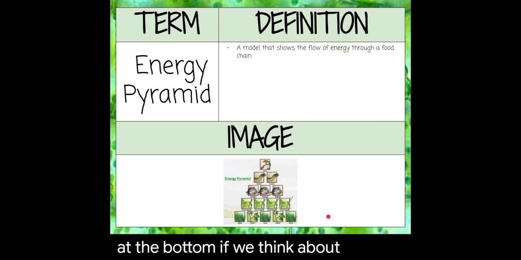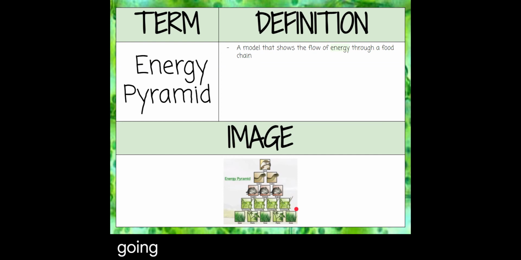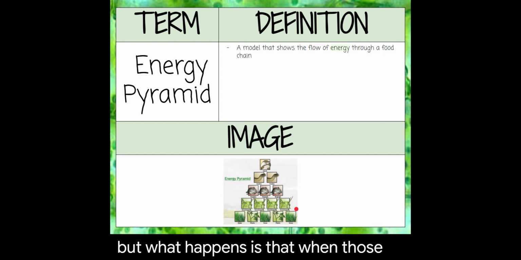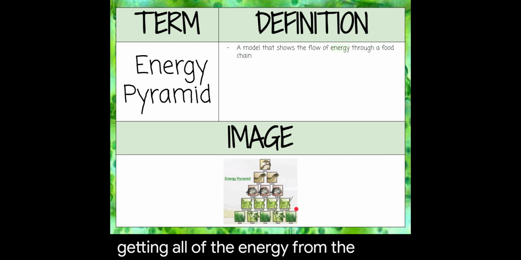If we think about it this way, the grasshoppers are going to need to eat a lot of grass to survive. The mice are going to need to eat a lot of grasshoppers to survive. The snakes are going to need a lot of mice, and the hawks are going to need a lot of snakes. But what happens is that when those grasshoppers eat that grass, they're not getting all of the energy from the grass that the grass performed through photosynthesis.